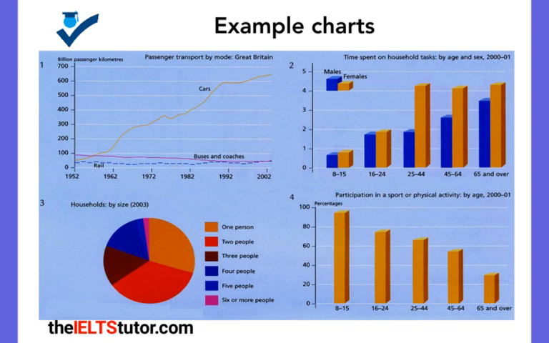Okie dokie. All right. So you need to make sure that you understand what the numbers represent as well. So we've looked at what each chart is about, what they compare, what the numbers represent, and this time, what point in time or period does each illustration relate to?